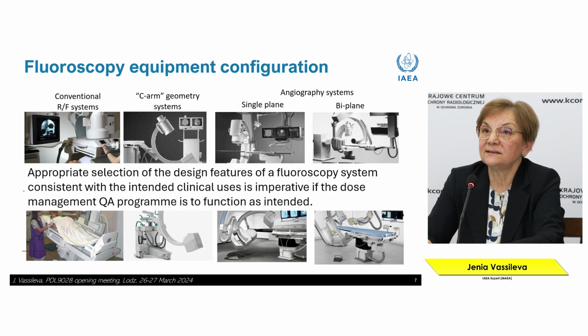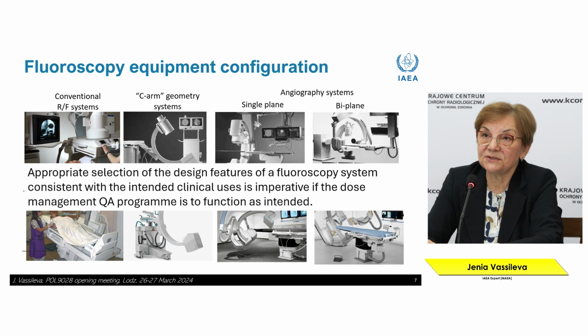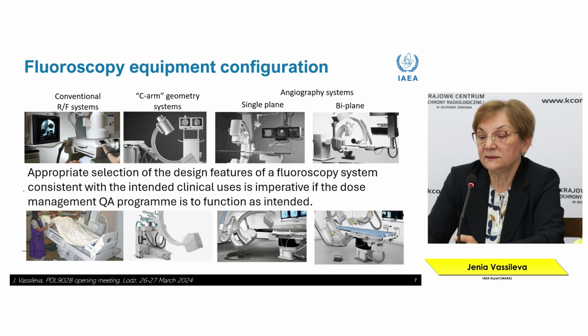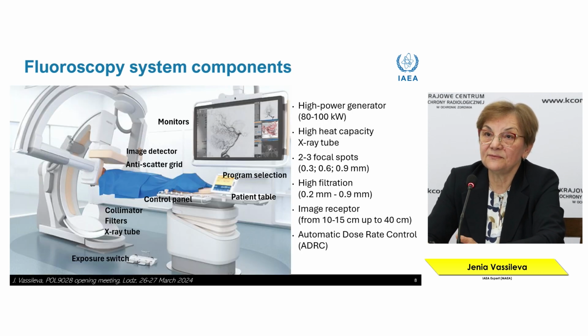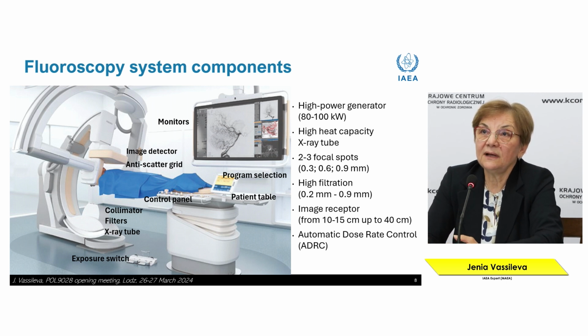Which one is to be used depends on the purpose, on the intended clinical uses. For example, biplane systems are not for every interventional procedure. They are used mostly in neuroradiology or in pediatric cardiology. So there are specific requirements for the use of each of these, and also the specific functions, features of this equipment.